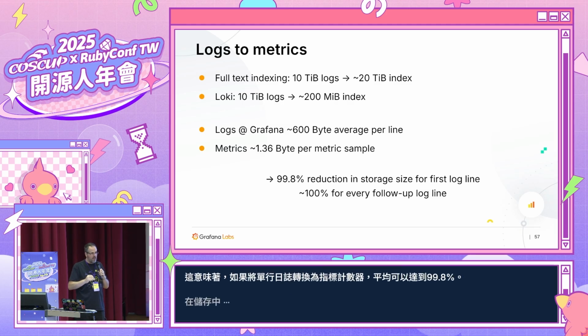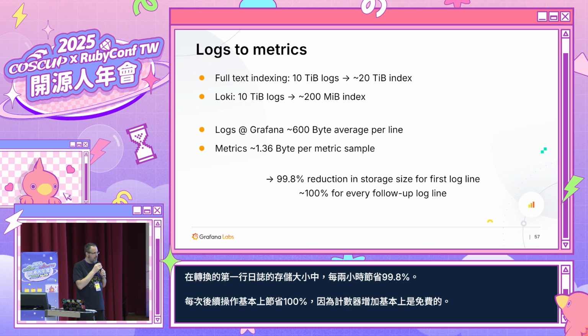And you save those 99.8% every 2 hours. Every follow-up you basically save 100%. Of course, the counter going up is basically free, because again, on average 1.36, so this average is already in the numbers.